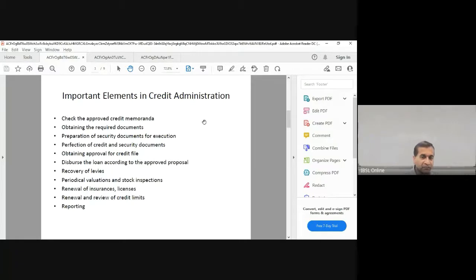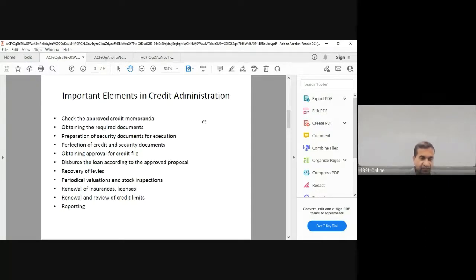So there is a responsibility for the credit administration people to ensure, number one, to obtain the documents as per the credit memorandum. If the approved limit says you have to take this covenant and that covenant, everything has to be completed. Number two, disburse according to the credit approved limit paper.